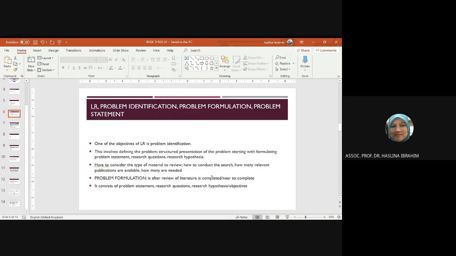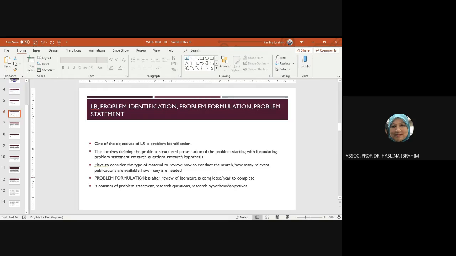So you do a literature review in order to be able to get the problem. And when you have managed to get the real problem, the root of the problem that you want to tackle, then only you can develop the research questions and research objectives.